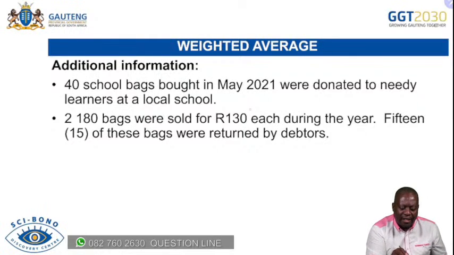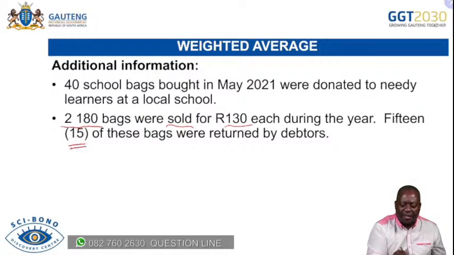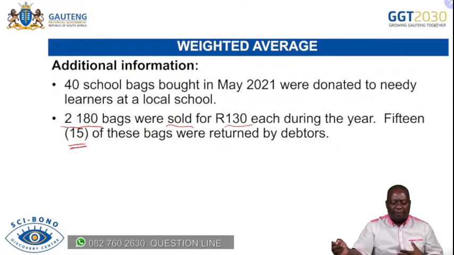And then they also said 2,180 bags were sold at 130 each, and 15 have been returned by the debtors. Please check here. These have nothing to do with closing stock, so we are not going to use this one when it comes to closing stock.